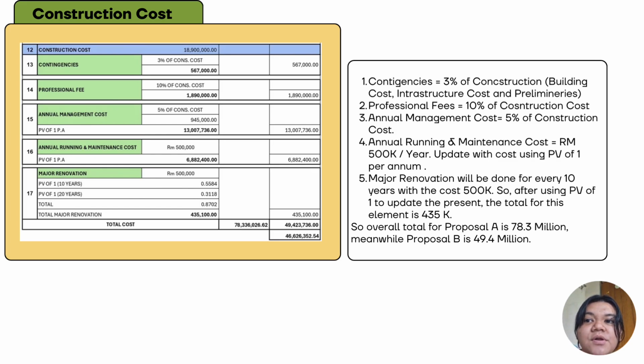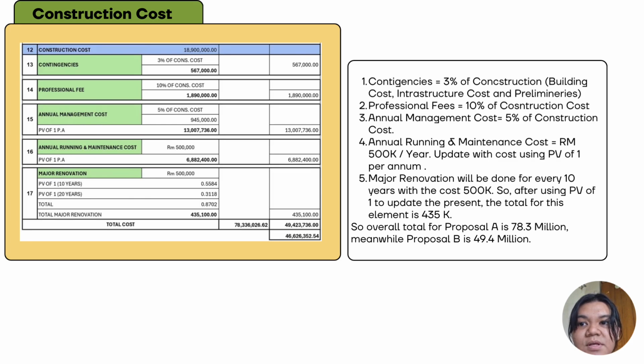Next is the annual running and maintenance costs. Each year we will have to pay 500,000. This amount will be updated using PV of 1 per annum also, and then we get 6.8 million. The last one is major renovation. Major renovation will be done every 10 years, at a cost of 500,000.